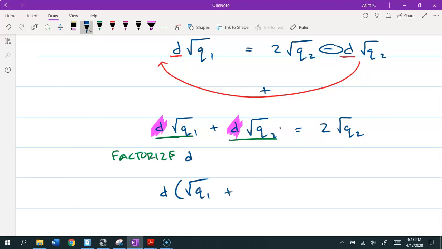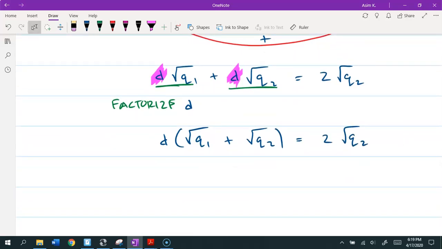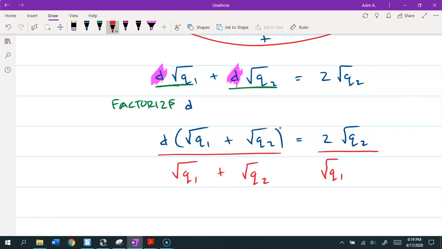You have d times the square root of q1 plus the square root of q2, and it's equal to 2 times the square root of q2. So to solve for d, what you basically need to realize is you got to divide on both sides by the square root of q1 plus the square root of q2, like this over here. And that's going to cross off everything on the left side.